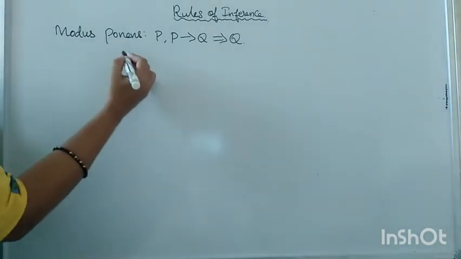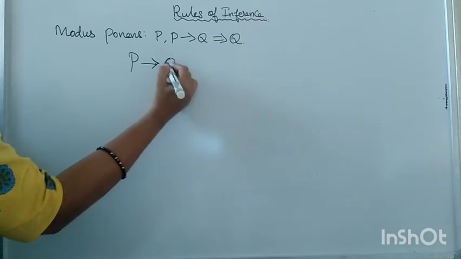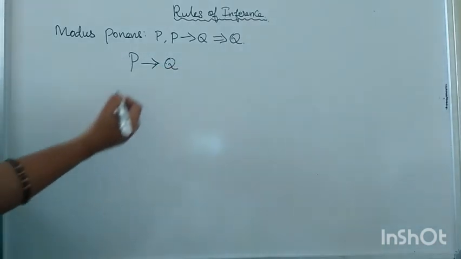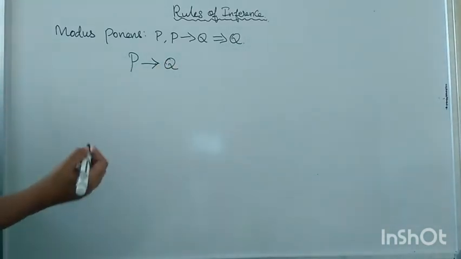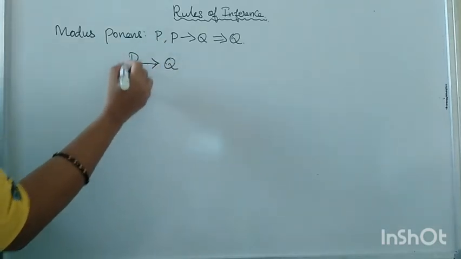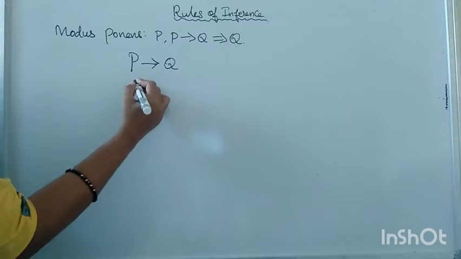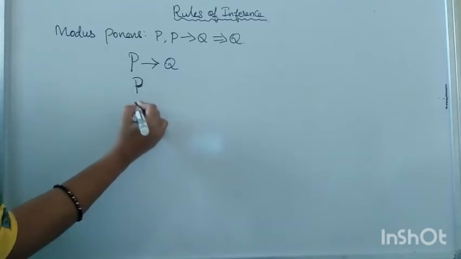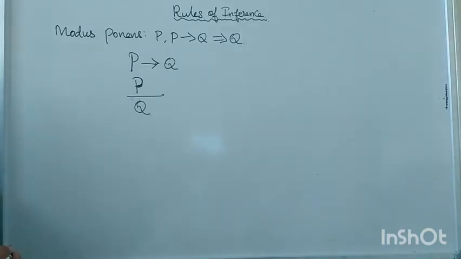At first I am taking P, if P then Q. So it is a statement, if P then Q. So, we are writing P here. So, the conclusion, as per the implication, we can write as Q.